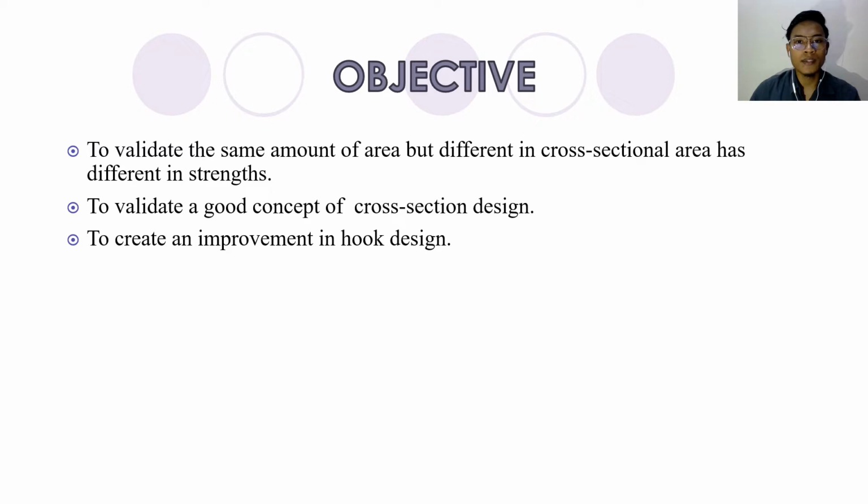Another objective is to validate a good concept of cross-section design, so we can choose the best design of cross-section for the hook design. Furthermore, with these studies, it can create an improvement for the hook design and change the common design for general usage.